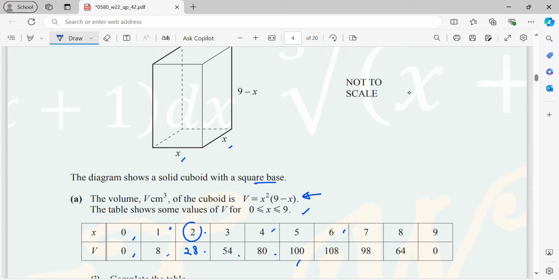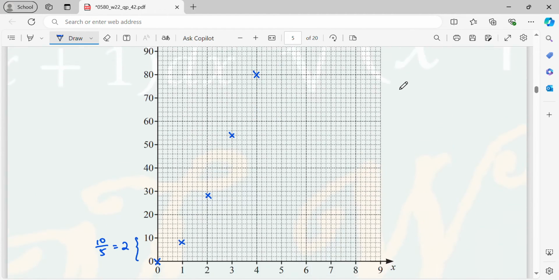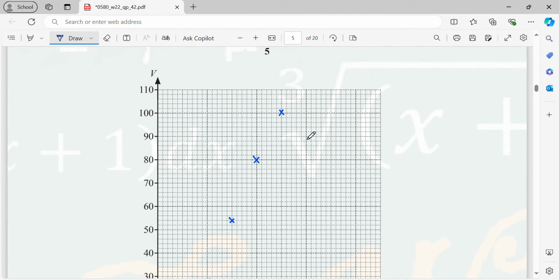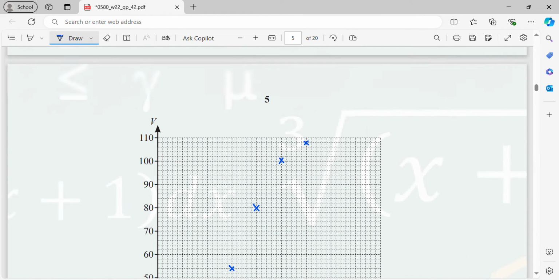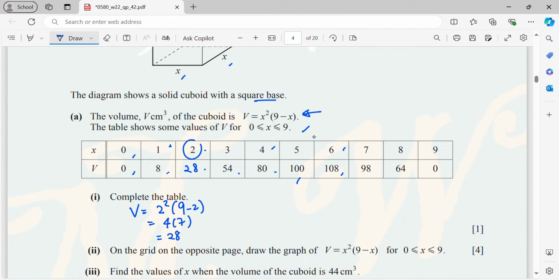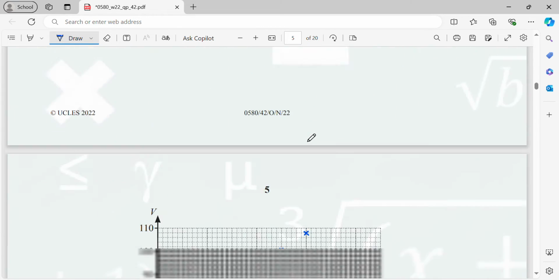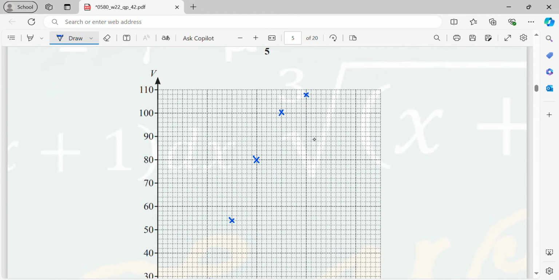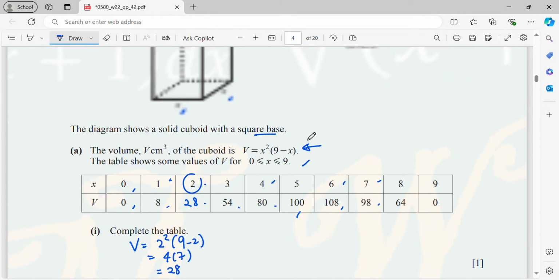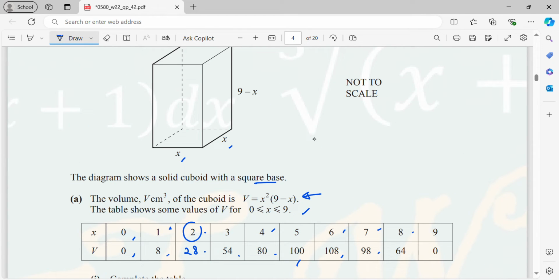Six is 108. Then after that, 7 is 98. 8 is 64.